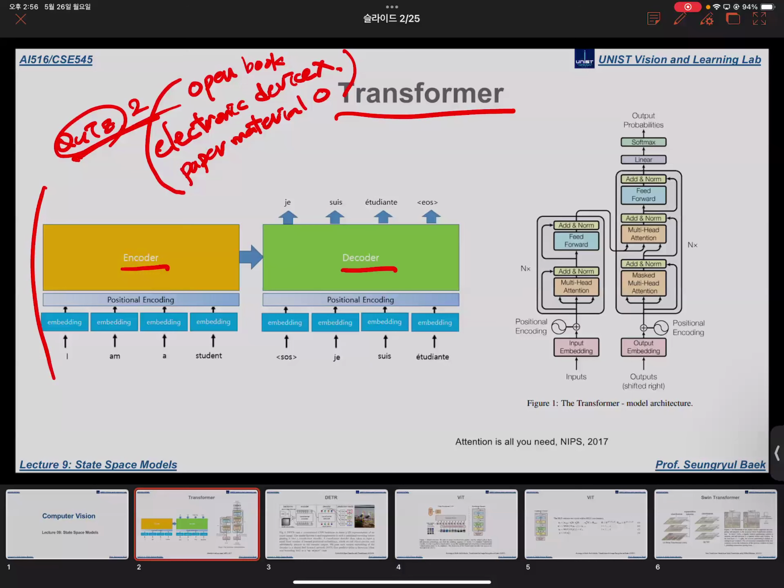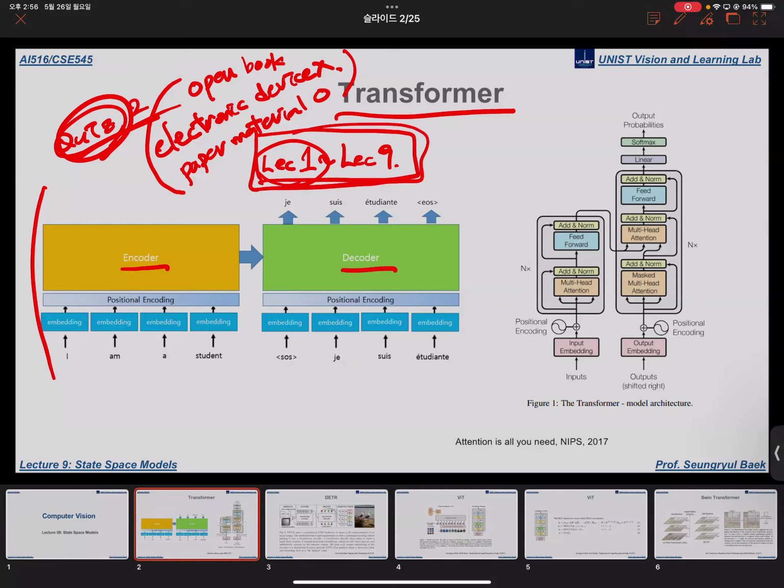The range of this quiz 2 will be from lecture 1 through lecture 9. We will maybe focus on the lectures after quiz 1, but some of the content could come from lecture 1. Anyways, it will contain some of the content in lecture 9.